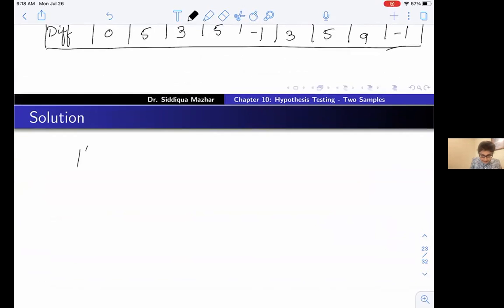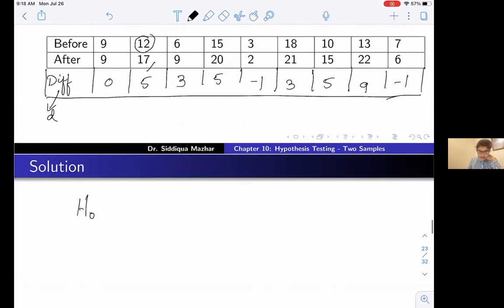My null hypothesis: I'm going to call this difference small d. As we can see in this difference row, most of the values are positive.